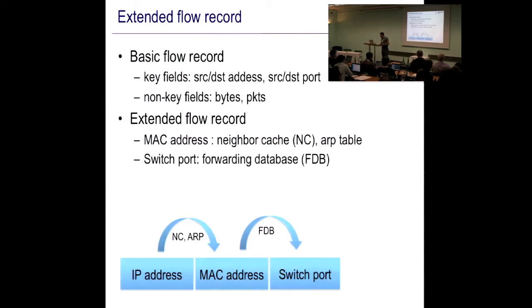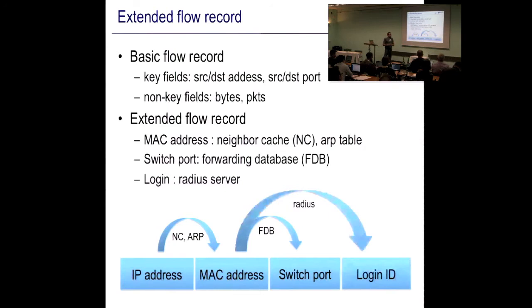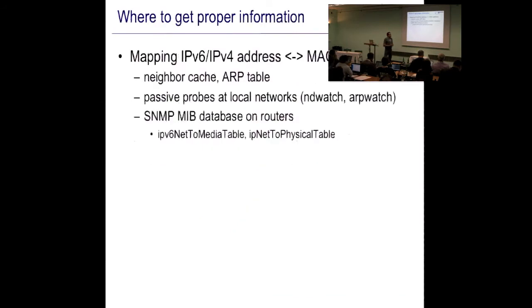So we can extend with the switch port. And another level could be that we can extend this flow record with a user ID, not a login, but some number identification of this user, when we can get this information for particular data.